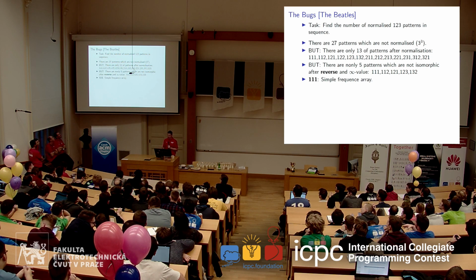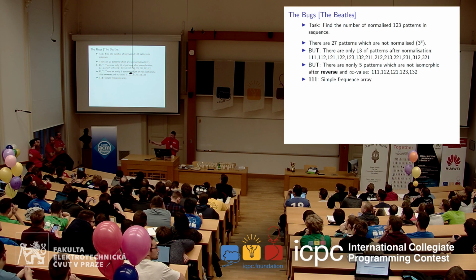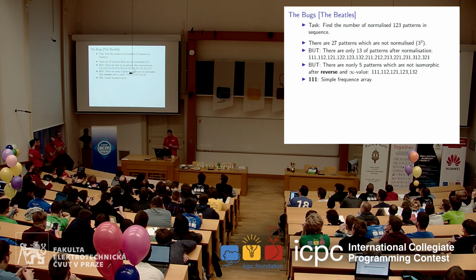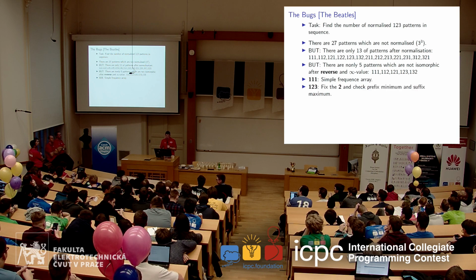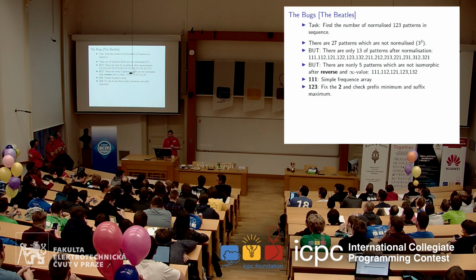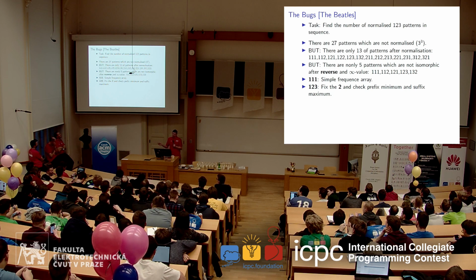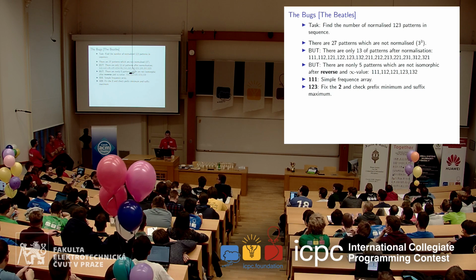The first one could be solved by a simple frequency array, because we could sweep the array and check for each number whether it was included at least 3 times, where 1, 2, 3 is similar, or for example we could take a minimum on the prefix, maximum on the suffix, and check whether this works or something like that.